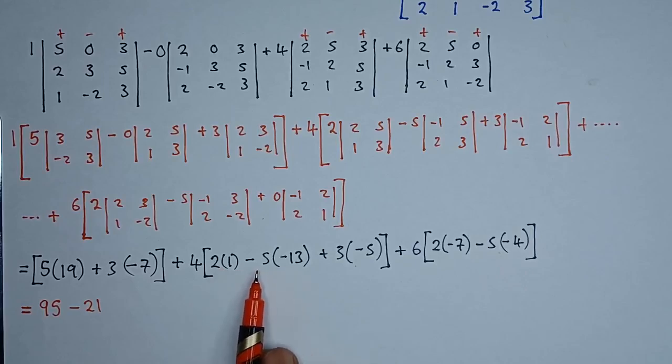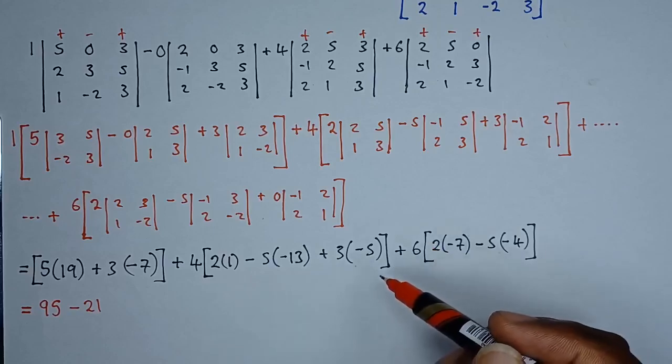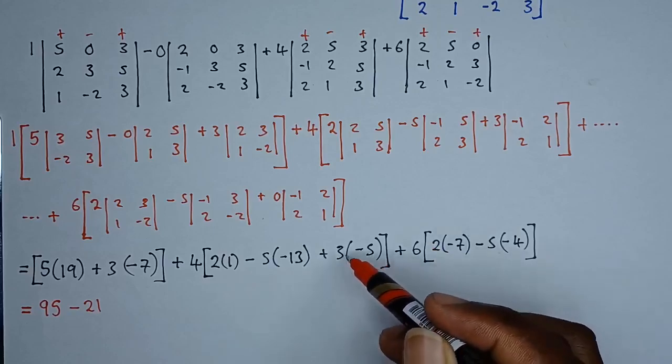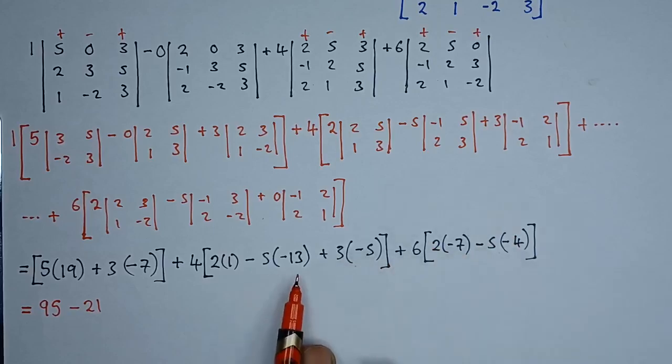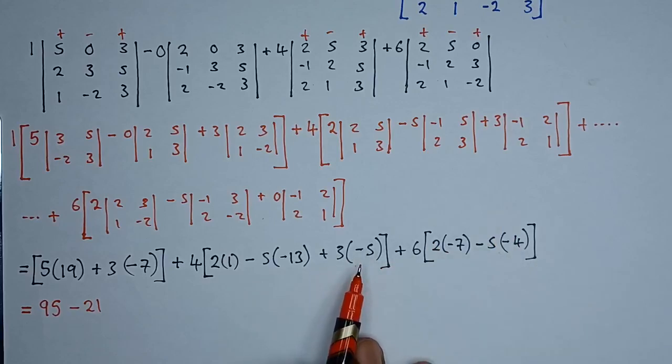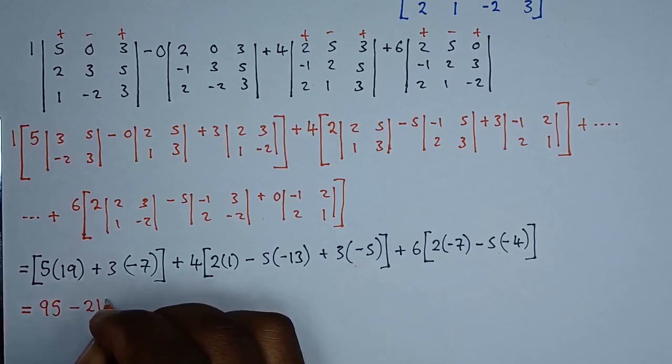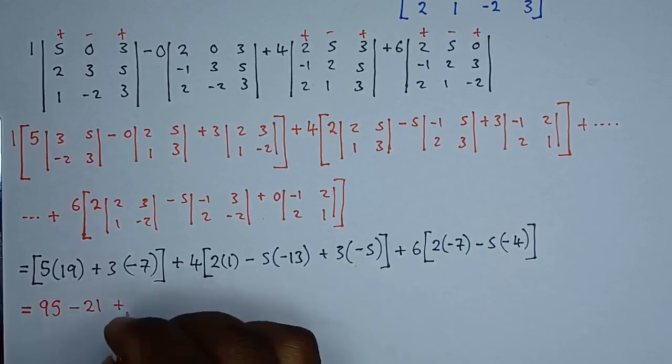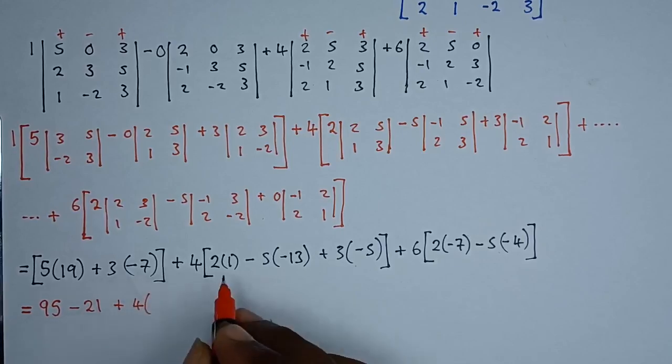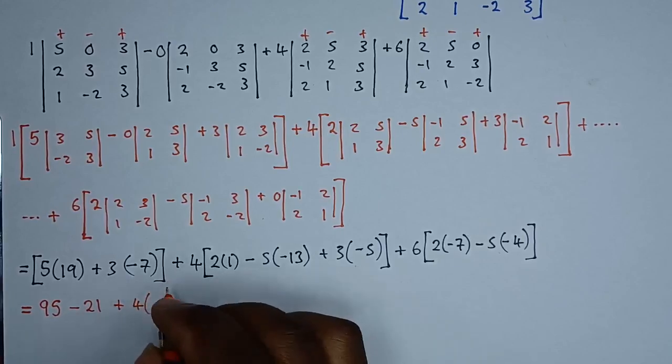So that will give us negative 53, if I'm not mistaken. Then if we include this negative 15, the final answer we should get is a positive 52. So plus this 4 outside. Everything inside the bracket should give us a positive 52.